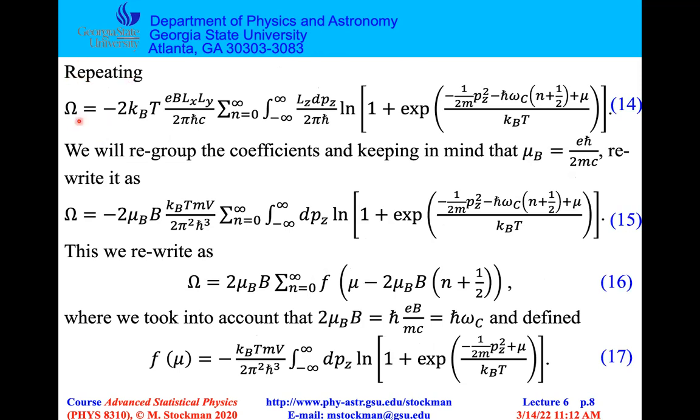Here I'm repeating the last formula for the Landau potential. What I will do now is regroup coefficients here, this coefficient and this one. I will put in front minus 2 mu b. So mu b is eh over 2mc. I have E and C. I will take them away.